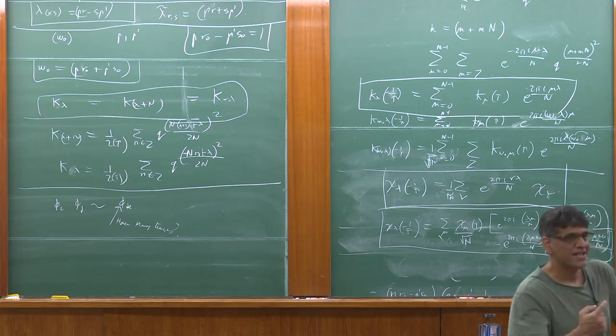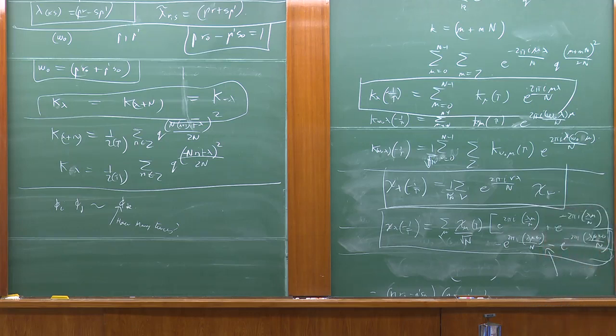Okay? Let's say this in terms of group theory. Let's first ask it in Chintan's language in terms of group theory. What does it mean that there are two ways of getting representation K when you couple I and J to get K?